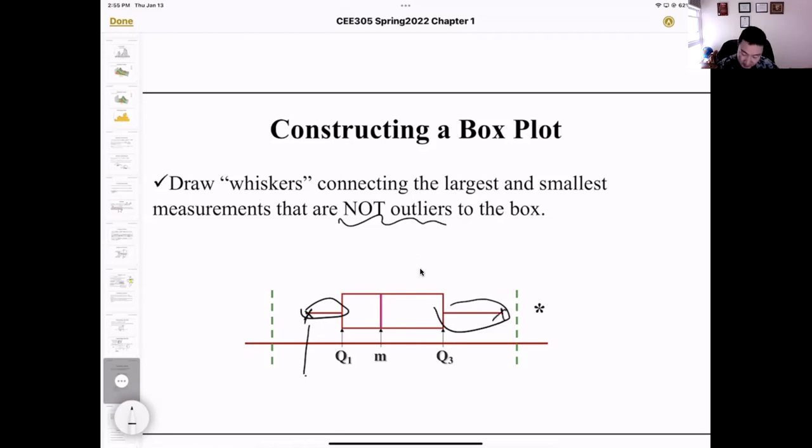And this value is the largest value within the fence, not an outlier. Then we finish the box plot. So a box plot can show us the outliers, where the median, first quartile, and third quartile are, so the distribution of all the data. It is pretty commonly used and useful.